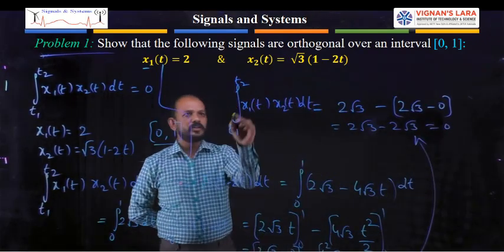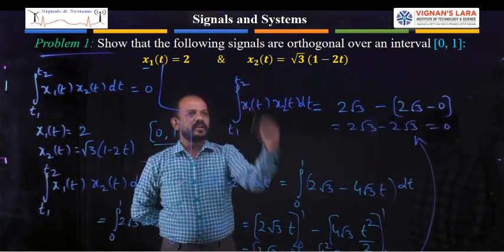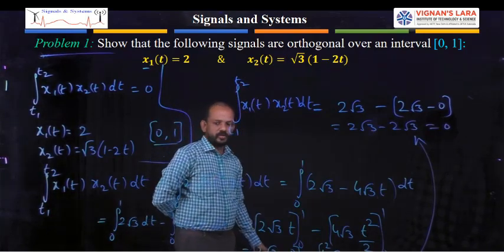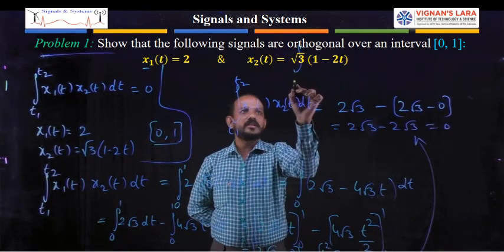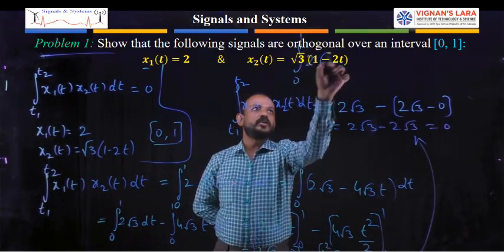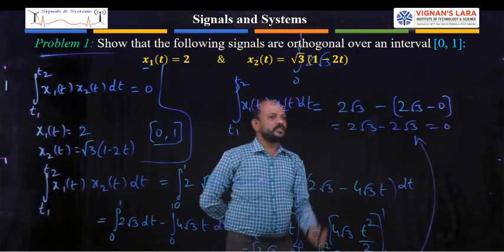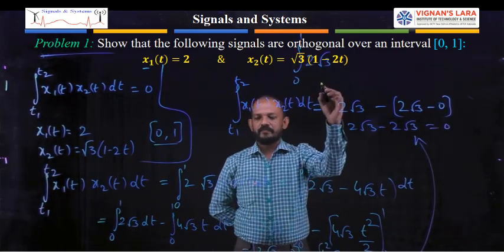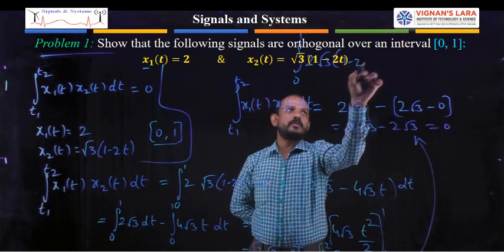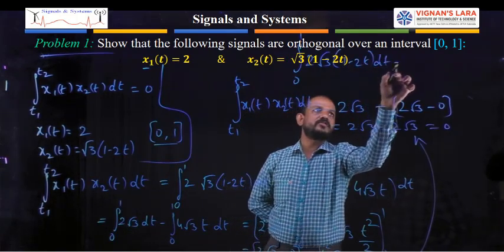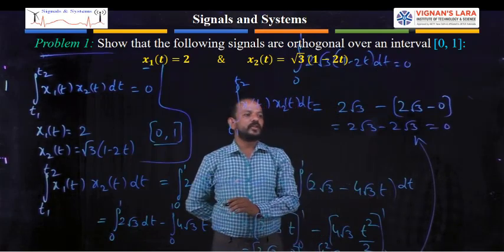Simply, the value of this one is 2 root 3 minus 2 root 3, which is equal to 0. So finally, what did we get? The integral from t1 to t2 of x1(t) x2(t) dt is equal to 0. Or according to our problem, the integral from 0 to 1 of 2 root 3 into (1 minus 2t) dt is also equal to 0.